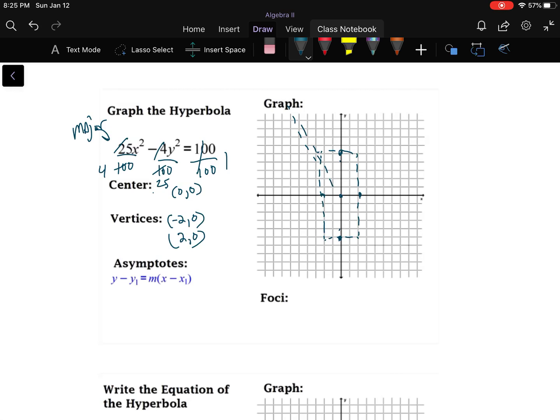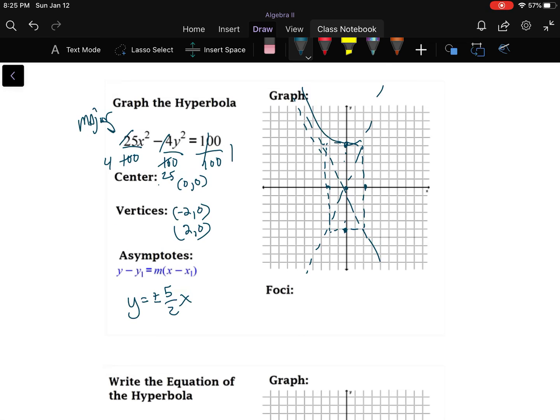And my diagonals. So I'm going to go up 1, 2, 3, 4, 5, and over 2. So I could just basically go plus or minus 5 over 2x. And here is where it's going to open. Oh, sorry. I take that back. My x-axis is my major axis.